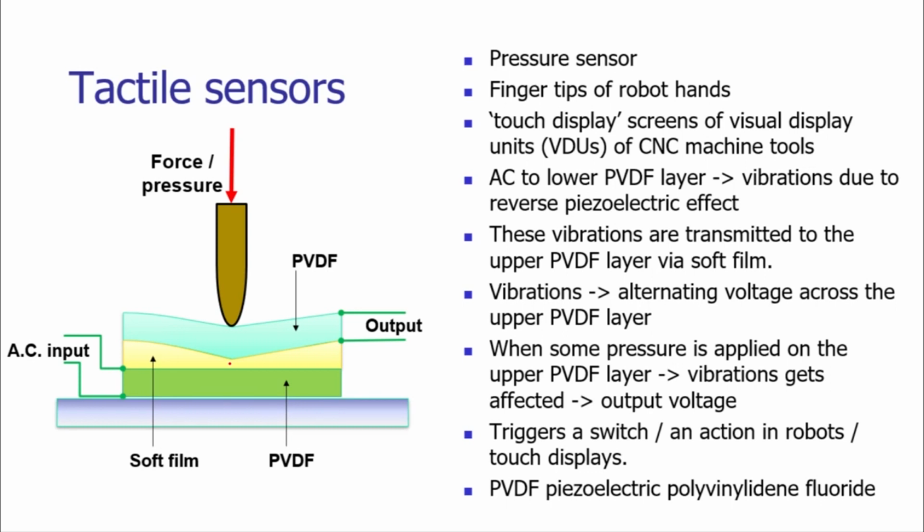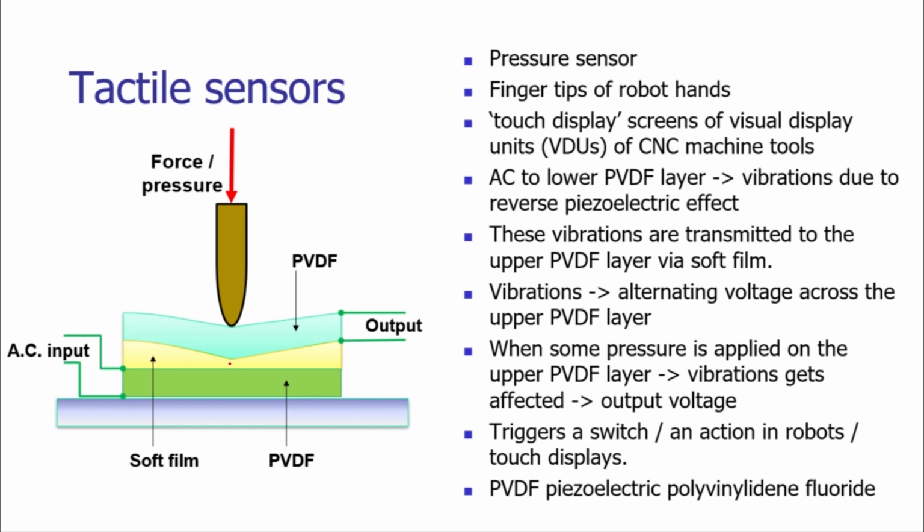A soft film or a soft foam is sandwiched in between these two PVDF layers. We apply AC input to the lower PVDF layer. As the material is piezoelectric, due to the application of alternating current, there will be generation of vibrations due to the reverse piezoelectric effect.